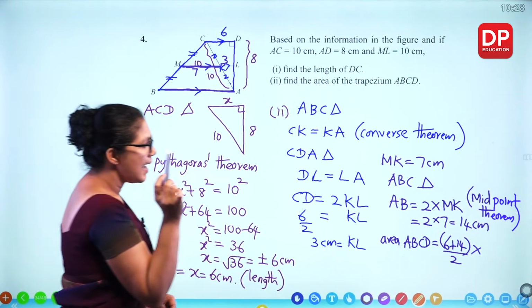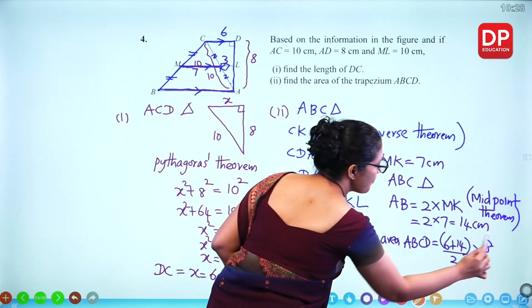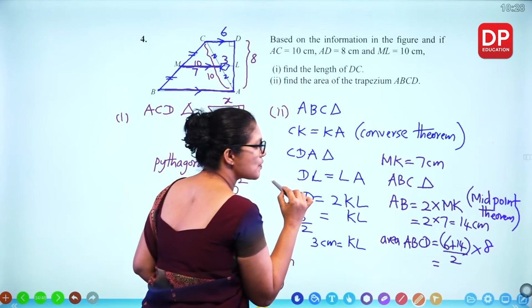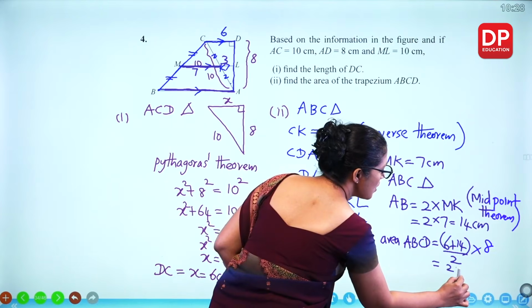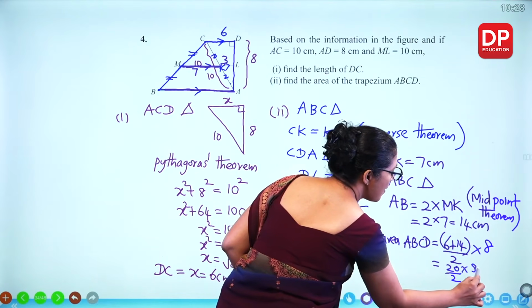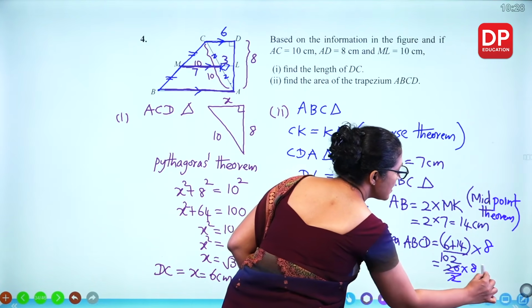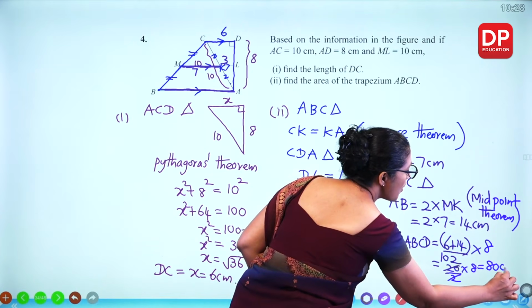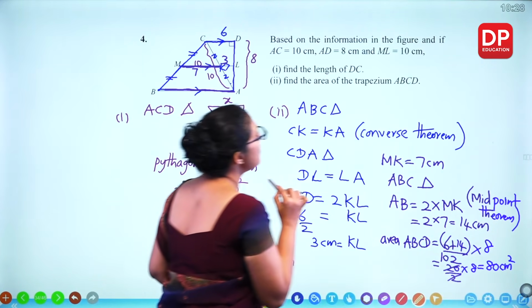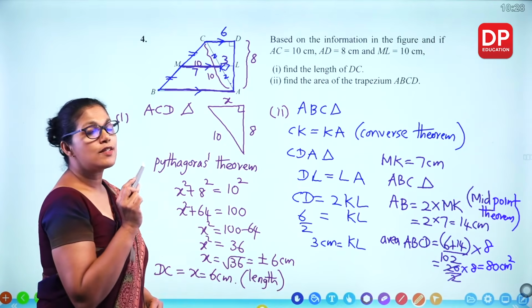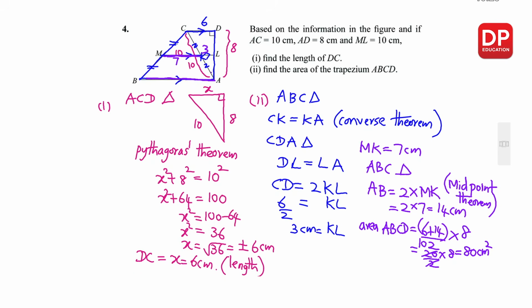Perpendicular height is 8. So 6 plus 14 is 20. 20 divided by 2 multiplied by 8, you get 80 square centimeters, because this is in centimeters, so the unit is square centimeters. So the answer is 80 square centimeters.